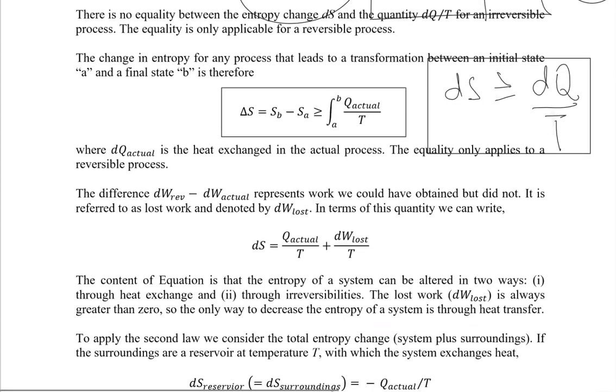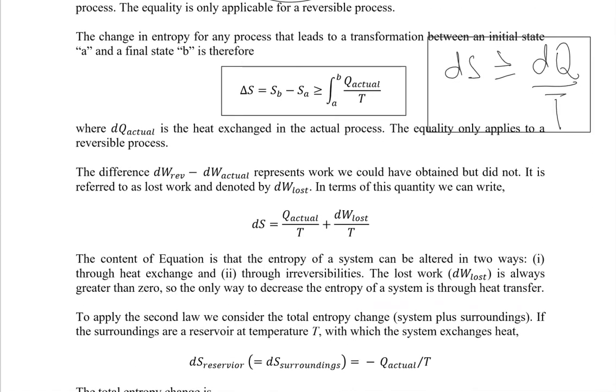Now the difference we are talking about, which is the reversible work minus actual work. Remember, the reversible work is greater than the actual work. So the difference, work reversible minus work actual, represents the work that could have been obtained but actually was not.